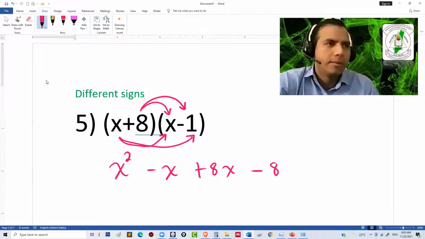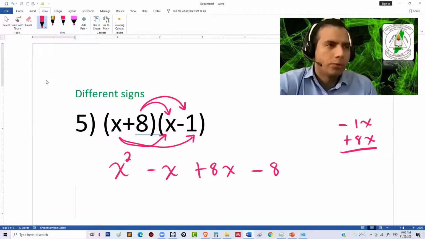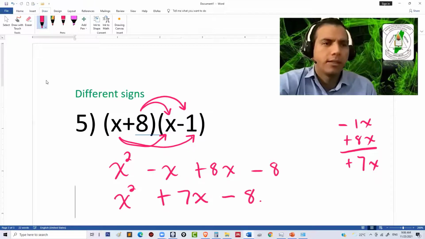Simplifying the middle terms, that gives us negative 1x and positive 8x. Signs are different. When signs are different, you subtract. So when you subtract 1 and 8, we get 7. Using the absolute values, 8 is bigger, so we take the sign of 8, which is positive. x squared plus 7x minus 8 is our final answer in this case.